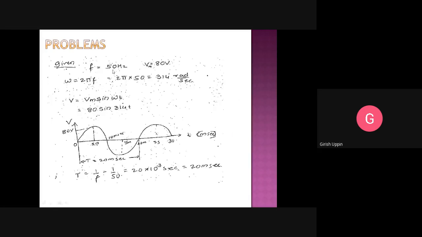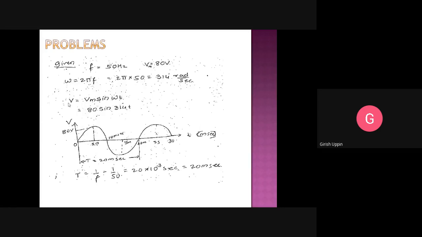So f is given, 50 hertz, peak value Vm is 80 volt, and frequency is given. So we'll calculate omega. Omega is equal to 2 pi f, that is 2 pi into 50. We get it as 314 radians per second. Now, what is the mathematical equation? We will use the third form.